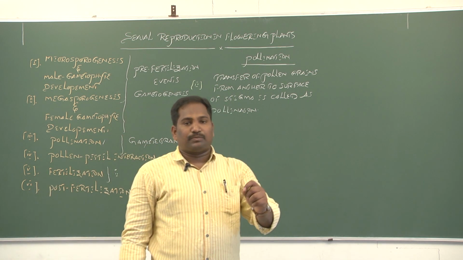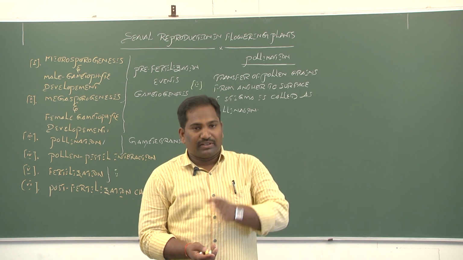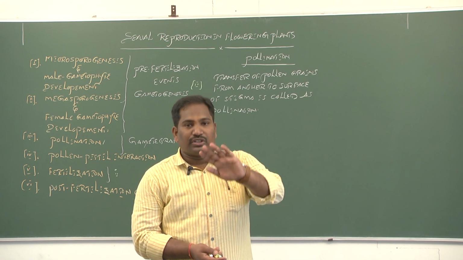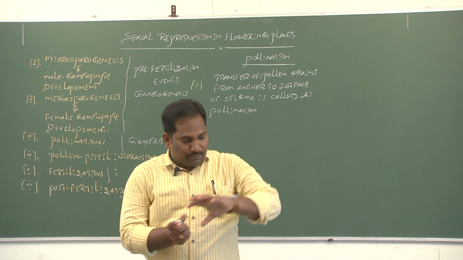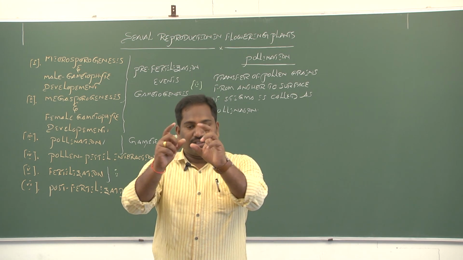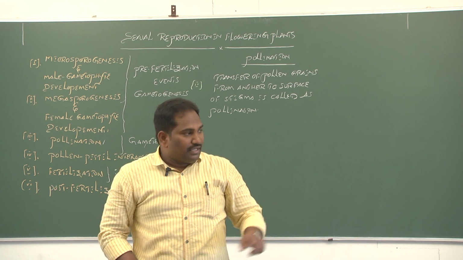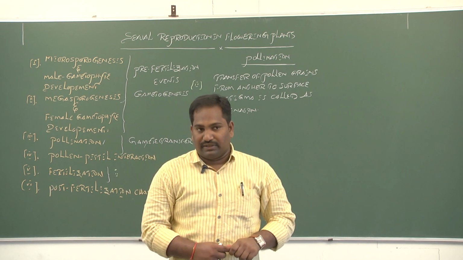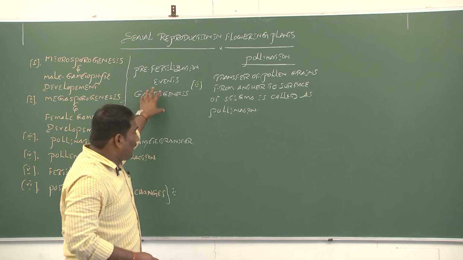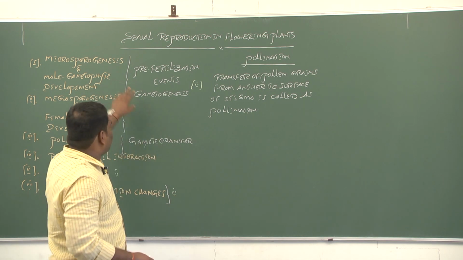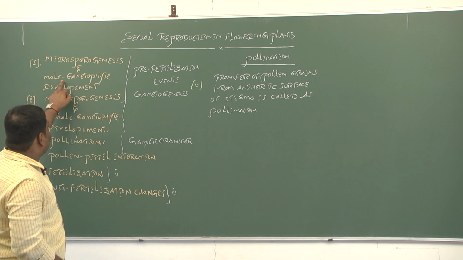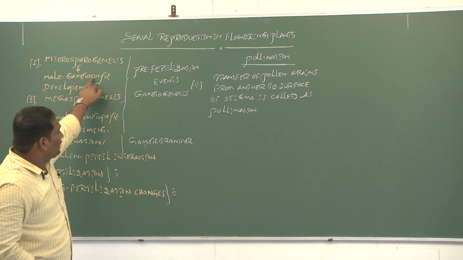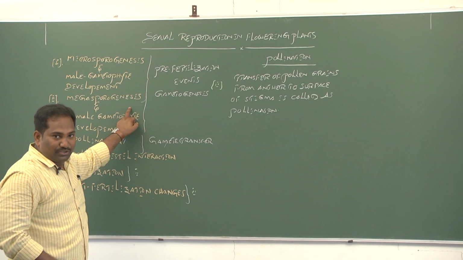According to the first chapter in second year, reproduction in organisms, the reproduction in every organism is broadly classified into three groups: pre-fertilization events, fertilization events, post-fertilization events. There are two pre-fertilization events: one is gametogenesis, another is gamete transfer. In the first two subtopics, male gametes are formed in the male gametophyte and female gametes in the female gametophyte.